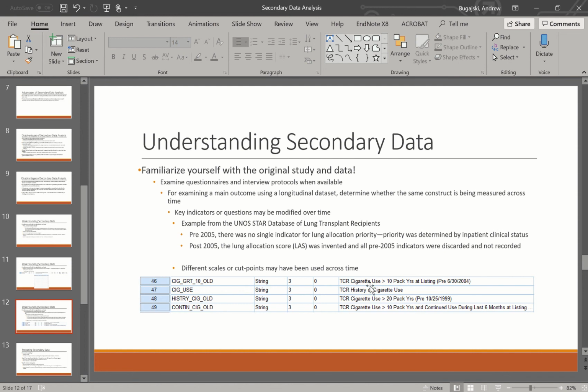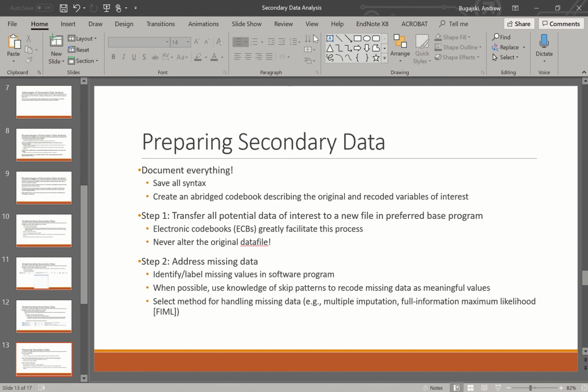And then here, it doesn't show it in the value here, but this is another measure of history of cigarette use. And then the most up-to-date one is that they had here in the data set, pre-2004. They went from no longer continued use, but here's pack years, and then they go from 20 to 10 pack years. So it just shows how their data collection strategies have changed over time. Let's see, I'm going to cut this off since it's going on 15 minutes.